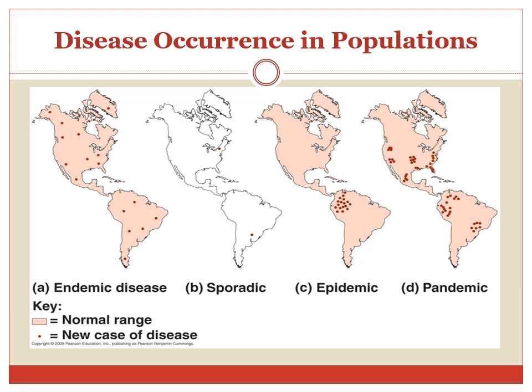An epidemic is when you have a very large number of cases occurring at the same time in a particular area that exceeds the baseline that is expected. And then the pandemic, it's when you have multiple outbreaks everywhere occurring over a large geographical area.